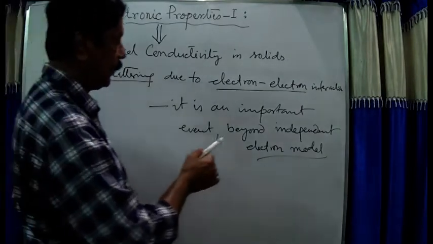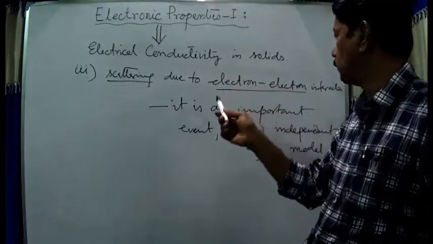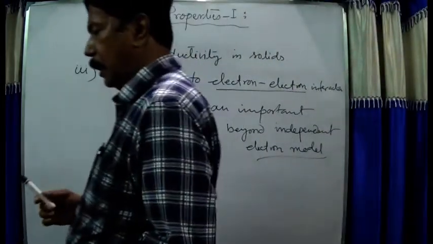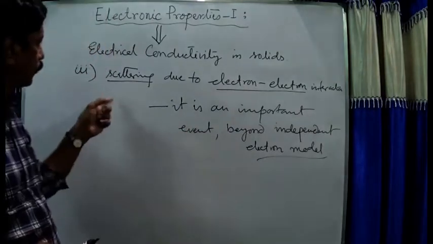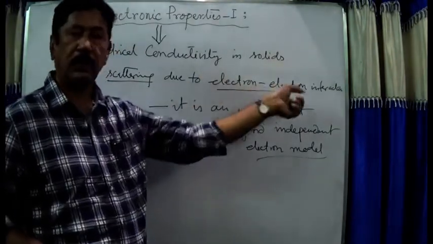In the independent electron model, this type of collision was neglected, and here we are going to focus on this third type of collision, which is electron-electron scattering.